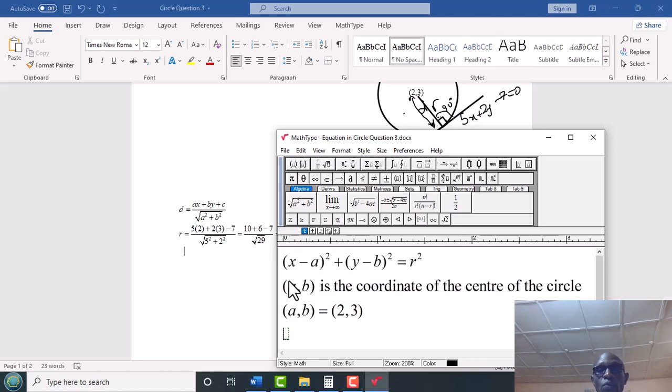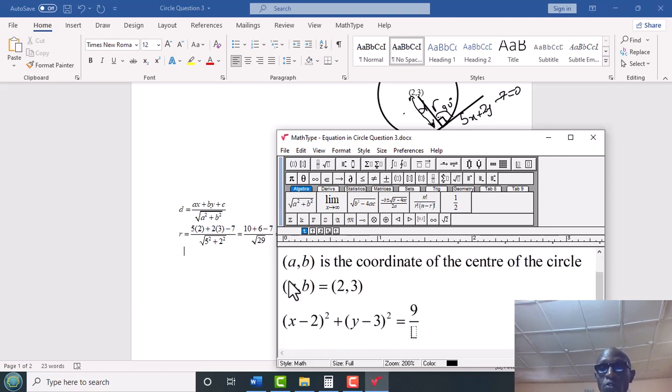So we can now put this in. We know the radius already, so we have (x - 2) all squared plus (y - 3) all squared is equal to (9 over root 29) all squared.